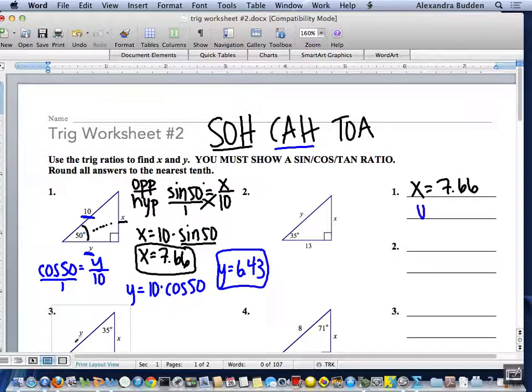Again, write that on the line: y is equal to 6.43. And that's it. Finished with problem 1. Right now, I would like you to try problem 2, please. So pause the video, write 1 ratio to find x and 1 to find y. When you are finished with the problem, come back and we'll go over it together.